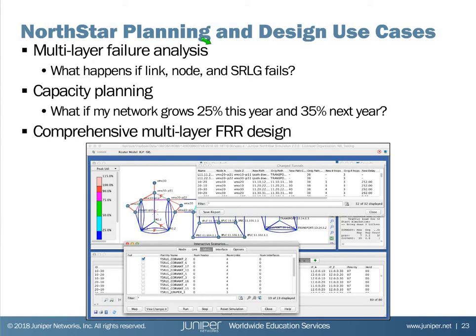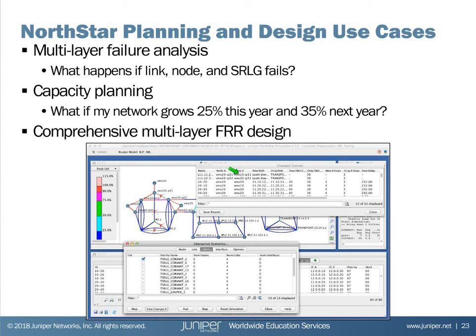And then we have the NorthStar Planner, which again, here's what I need you to know about that: the NorthStar Planner can build an offline model of your network. You'll see all the links, all the nodes, but instead of this being a view of your live production network, it's a view of the offline model. And this is a very popular feature with our customers because they can use that offline model to do simulations. What would happen if this link went down?